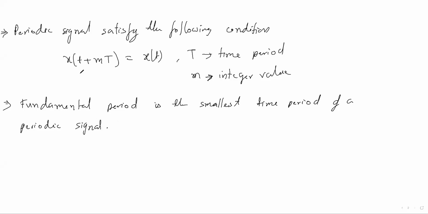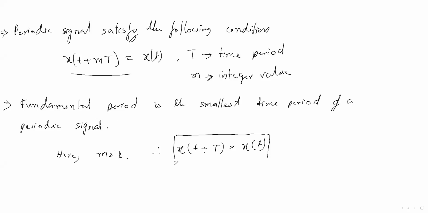For the smallest, from the relation you can say smallest means for fundamental period m should be 1, okay, or -1. That's okay. x of t plus capital T should be x of t. This is the equation for the fundamental period.